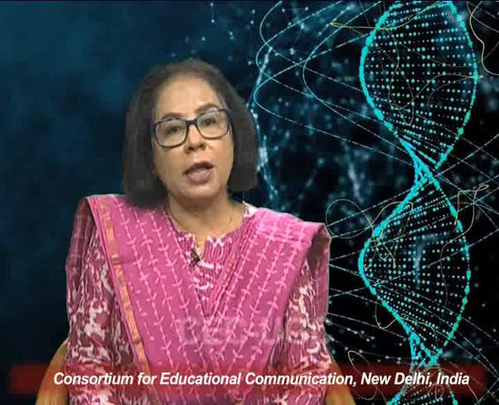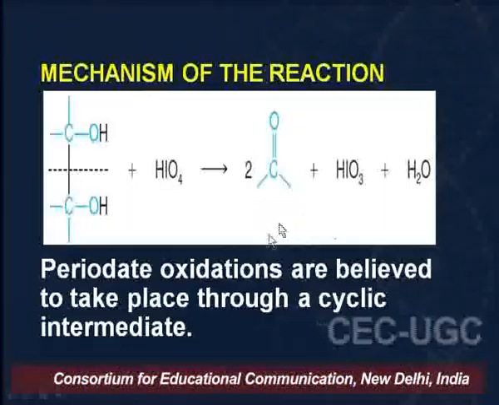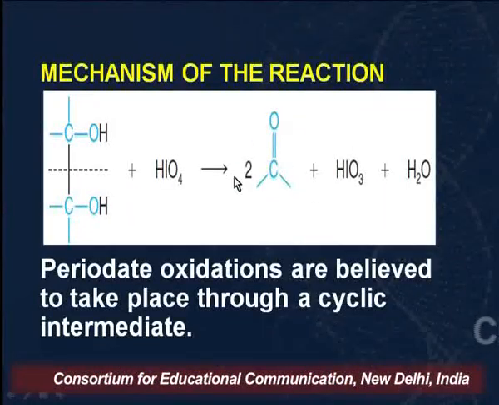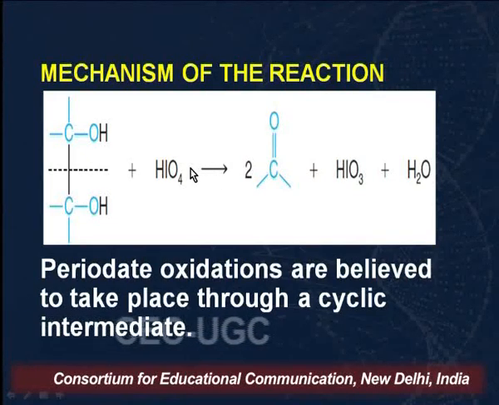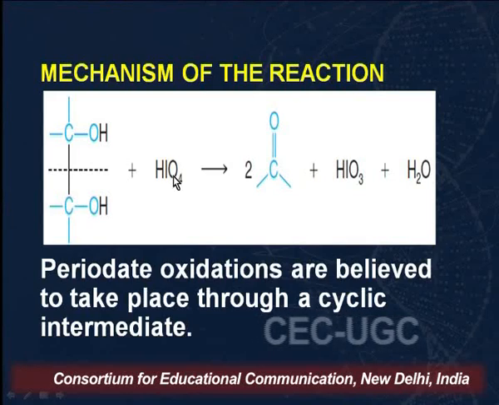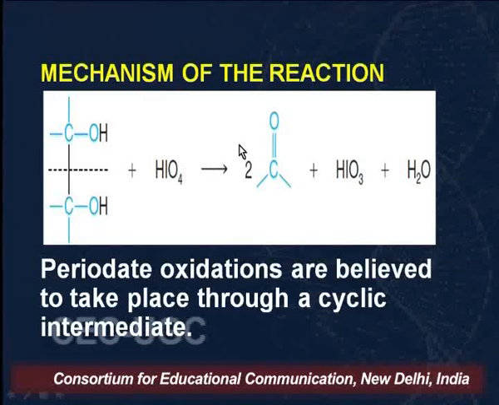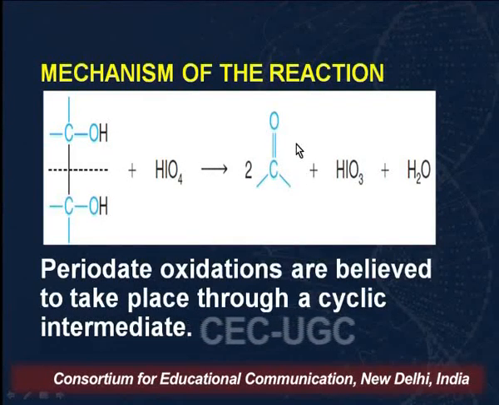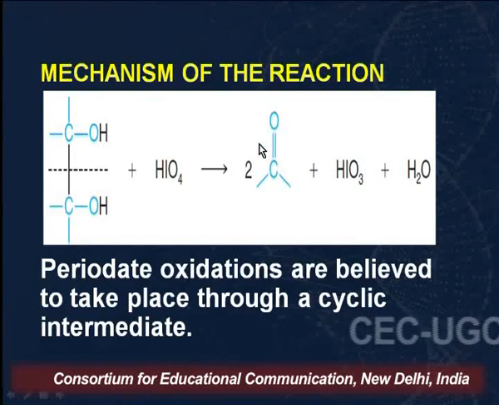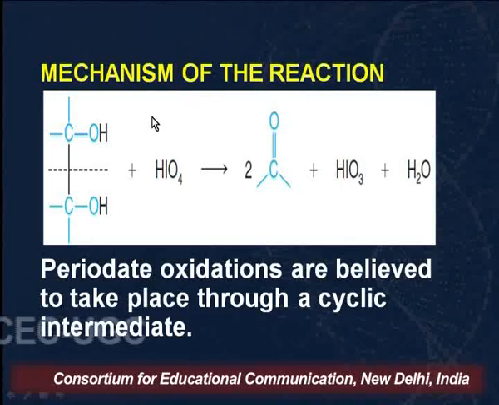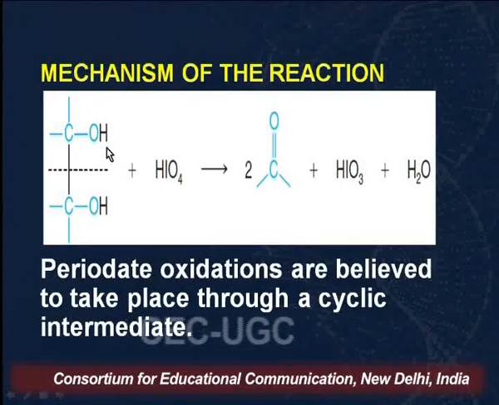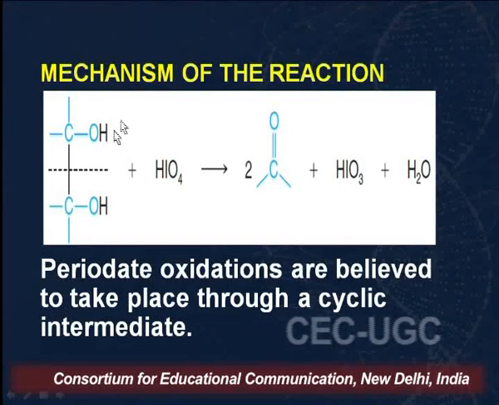Before I go on to simplify the reaction, let us see what is the mechanism of this reaction. As I've already indicated, in a simplified manner we will break the bond between the two carbons containing the hydroxyl groups and oxidize each fragment to a carbonyl compound or to an acid, formic acid, or to carbon dioxide, depending on the nature of the substituents present in the diols.